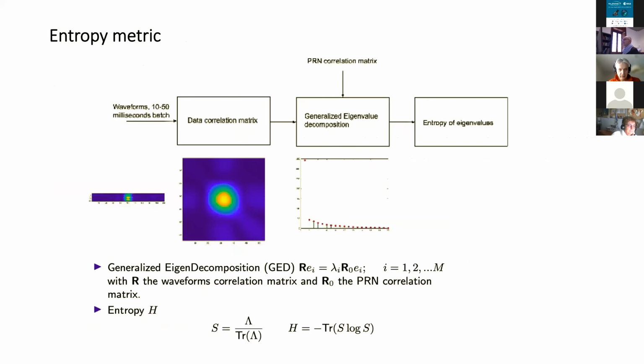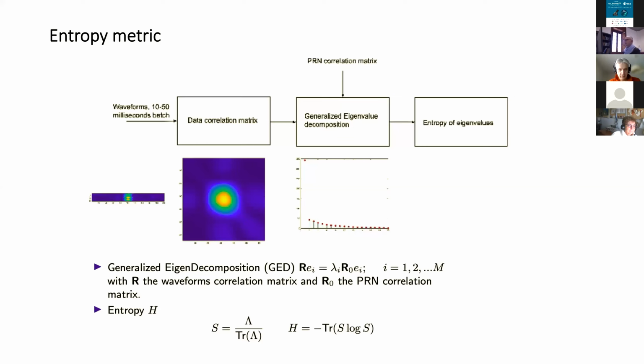After this, the matrix is processed by some standard technique in signal processing. So from the matrix, or from a slice of that matrix, we consider a number of milliseconds, not all milliseconds.